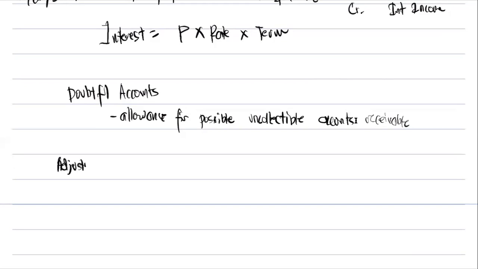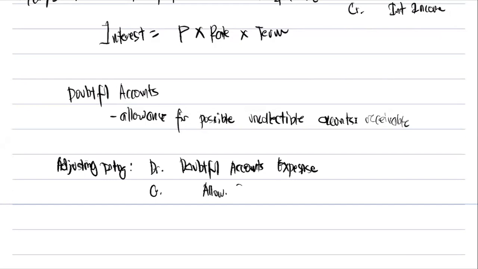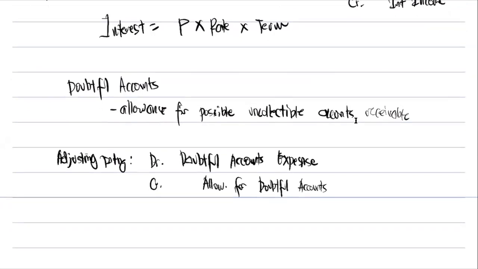Your normal adjusting entry is to debit doubtful accounts expense and credit allowance for doubtful accounts.